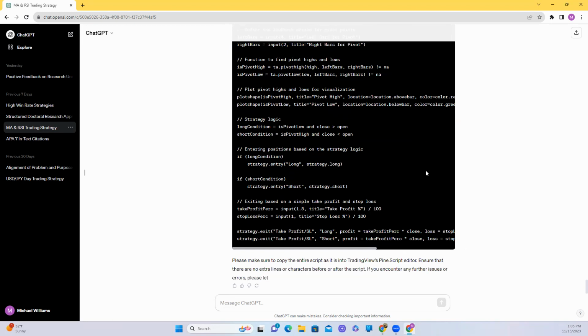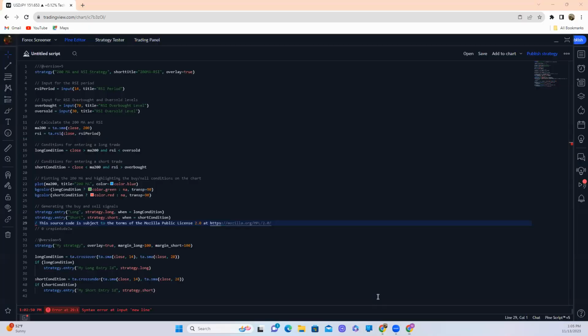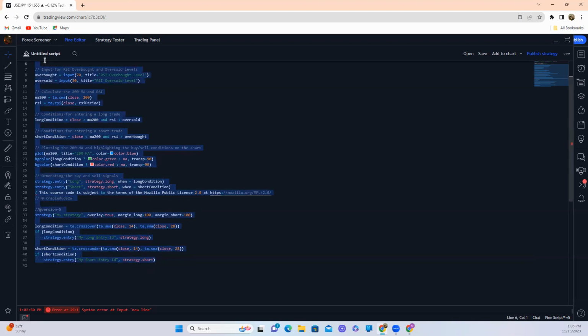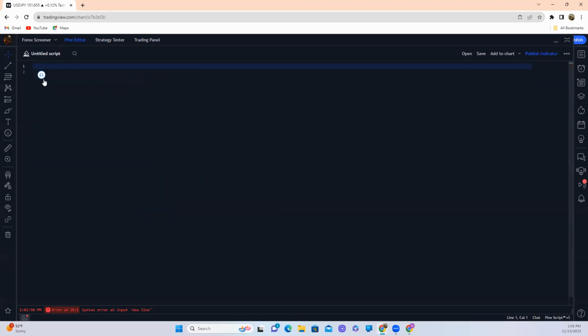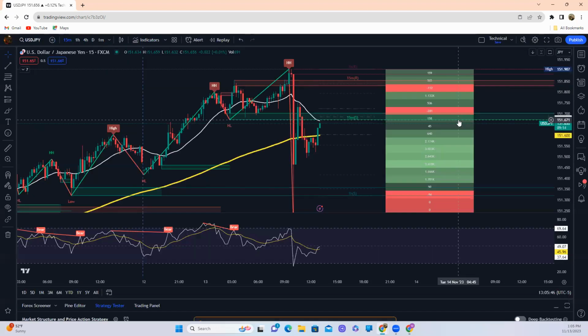All right, I'm gonna go ahead and copy it and then paste it back into the Pine script. Okay, all right, so I'm gonna delete all of this. You gotta delete every single piece of that, or it's gonna come up with another error. All right, so I'm gonna paste it in here. All right, let's add it to the chart, see if we got a good strategy to test out.